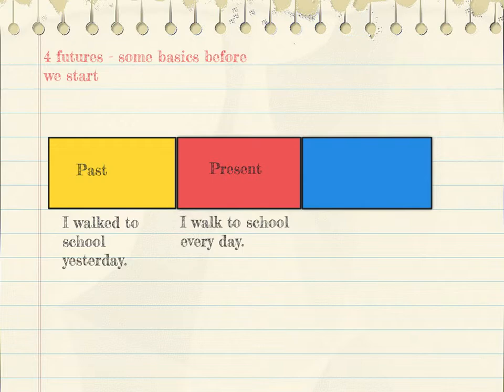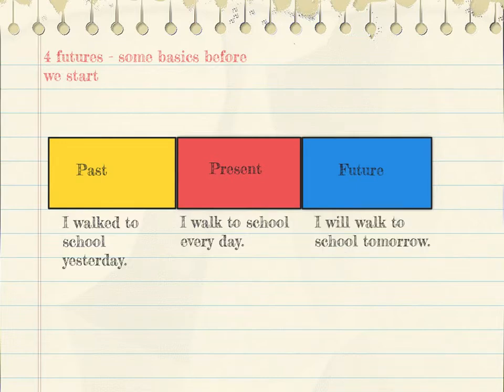Finally, we have the future. So this is to talk about an action that might happen tomorrow, or next week, or next year. And this is the one that we're going to be focusing on today. And an example of a future would be, I will walk to school tomorrow.